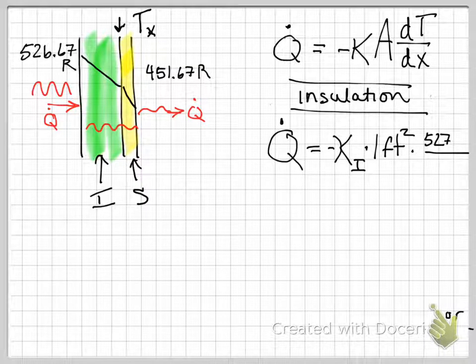I'll simplify that to 527 minus Tx over that distance, 3 inches. I'll convert that to feet. 3 inches is 0.25 feet. And so that is our equation set up.